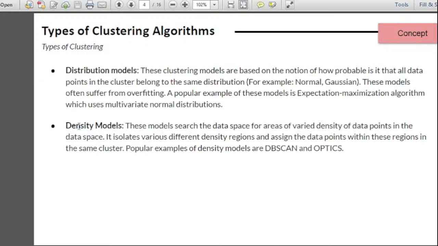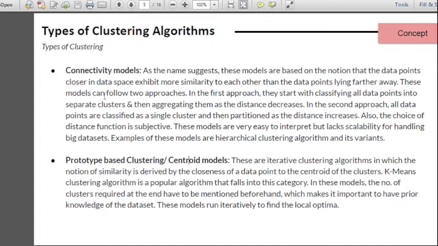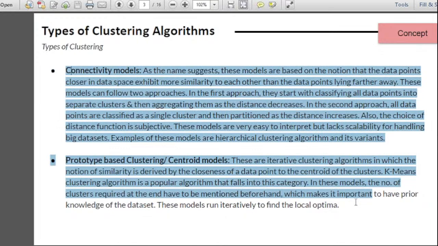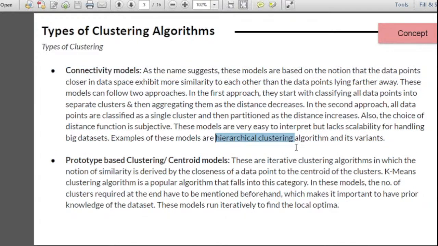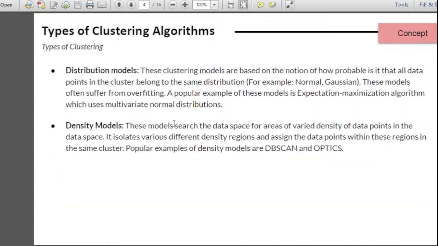Three types of clustering models we are going to do. You can read through this, this is just theory. Connectivity is hierarchical clustering, centroid based is k-means clustering, and density based is DBSCAN. So anyway, we are going to do these three models.